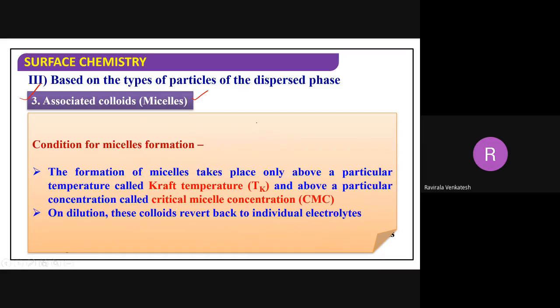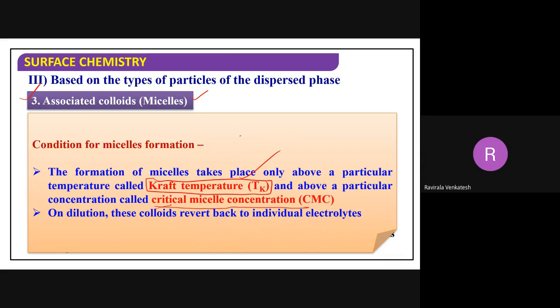The temperature is called Kraft temperature. This is very important for one more question. What is TK? Kraft temperature. The temperature above which micelle is formed is called Kraft temperature. Similarly, the concentration above which micelle is forming is called critical micelle concentration, CMC.